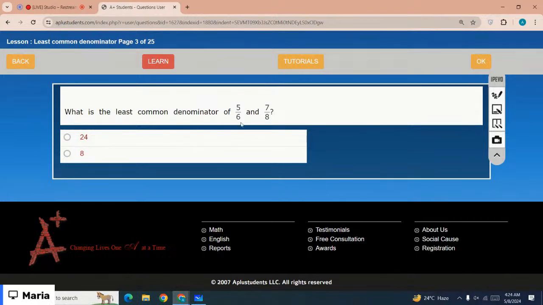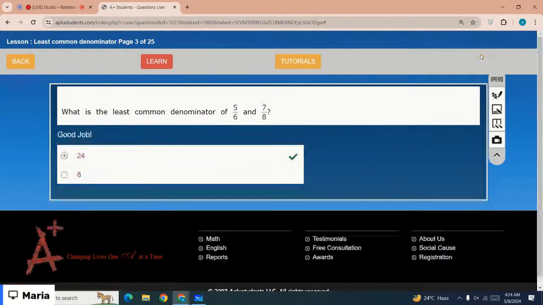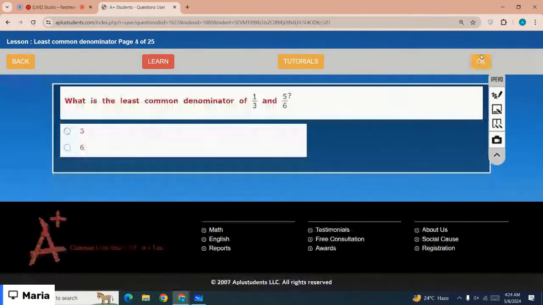The correct option is 24. What is the least common denominator of 1 by 3 and 5 by 6?